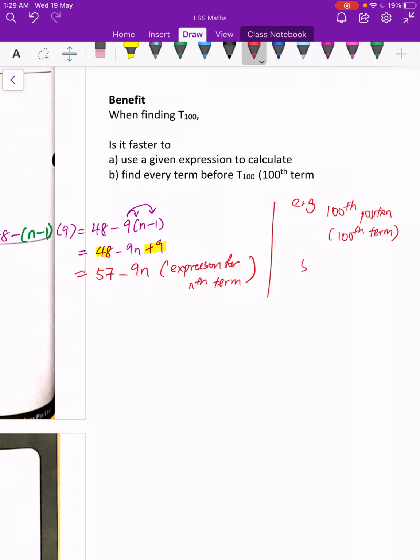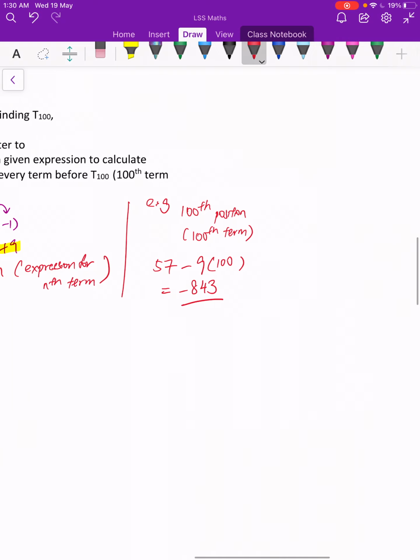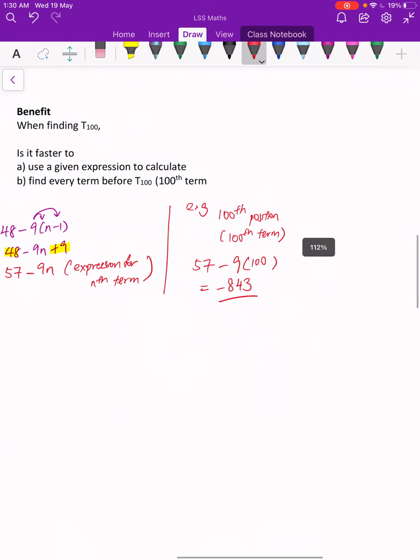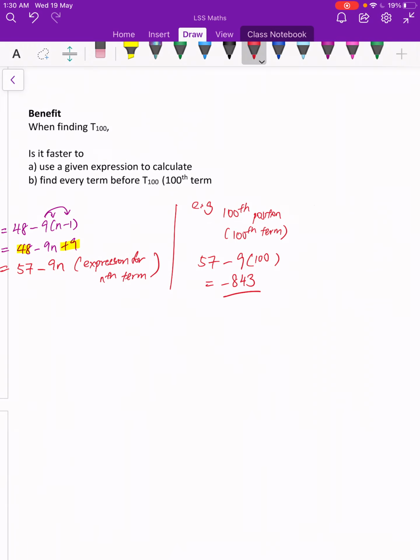I can straight away take 57 minus 9 bracket, and in the bracket I replace the n with 100. This will give me the term in the 100 position straight away, which is negative 843.